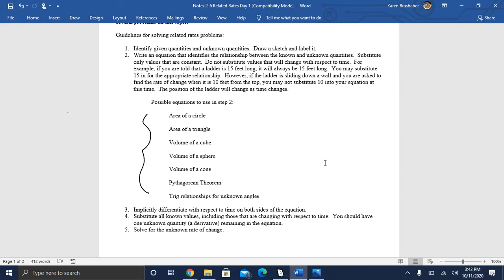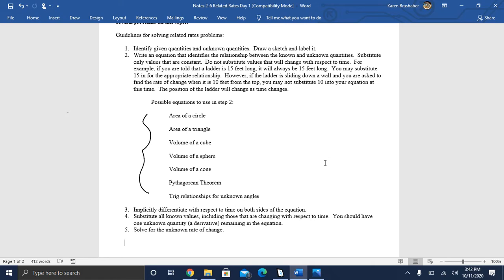So I'll just pick area of a circle. If you're going to think about the area of a circle changing, let's say that the area of a circle is increasing. Well, related to that would be the radius of that circle. So as the area of the circle increases, the radius will be increasing as well.